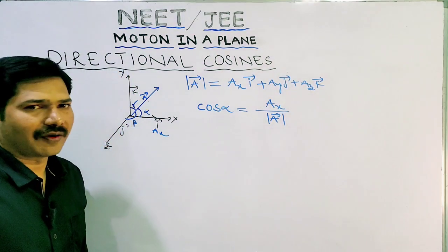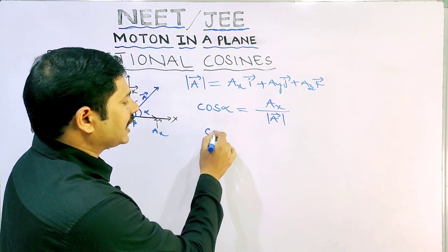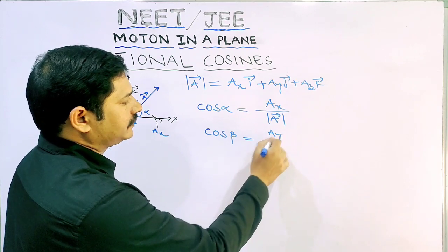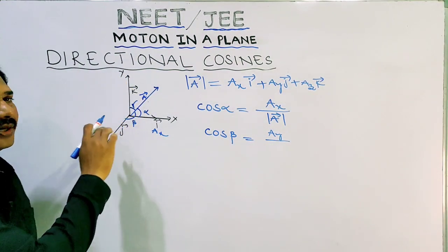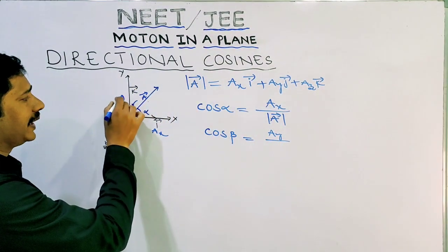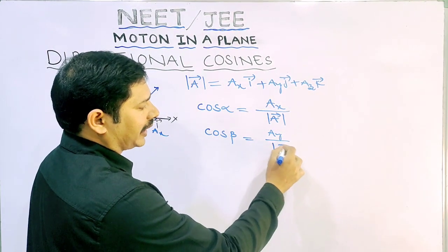So cos alpha is ax by mod of a bar. Like that only, cos beta equals ay by mod of a bar, since the y-axis angle is beta and the y-axis component is ay.